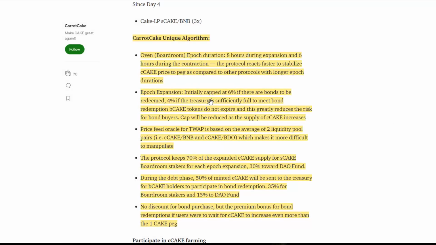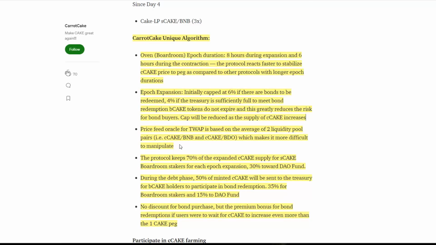All right, so yeah, essentially they're trying to do what bDollar does, but just make it happen faster. And bDollar, I think, only has a 2.5% expansion, whereas they've got 6% expansion, and on the contraction they've got 4%.